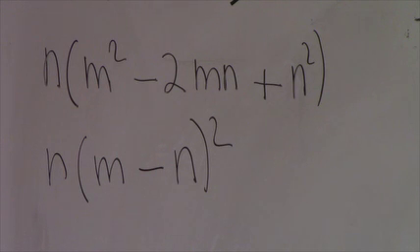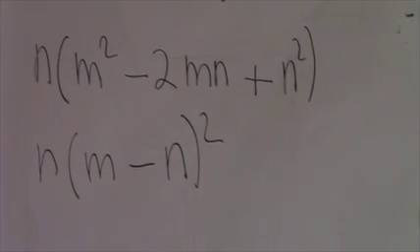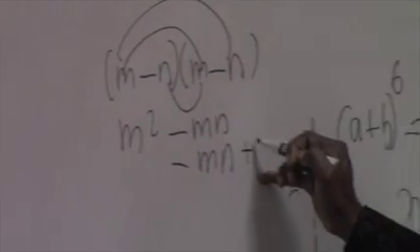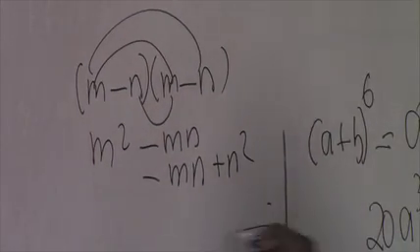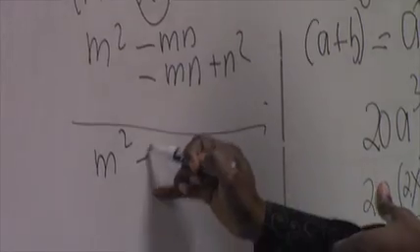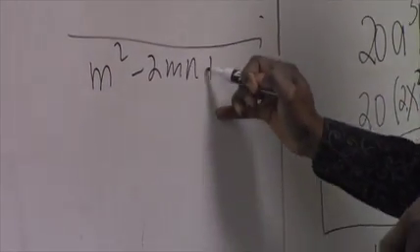We can test that to see that m minus n times m minus n will be m squared minus mn minus mn plus n squared. So you end up with m squared minus 2mn plus n squared.